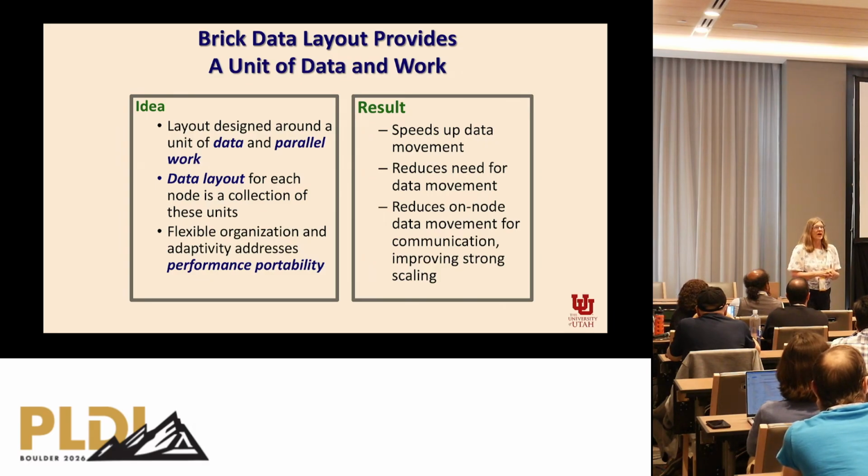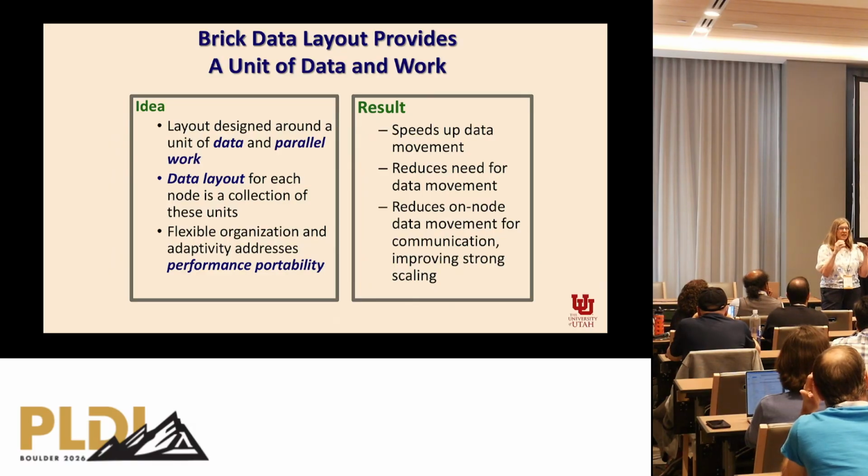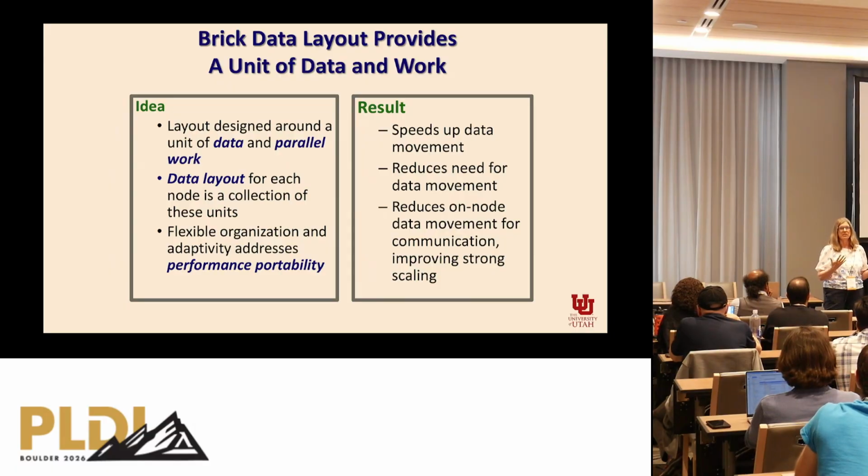One of the goals of this project, and one benefit that you can get from an approach like this, is you can achieve performance portability. Performance portability refers to being able to get good performance on the same piece of code across architectures. And because you have a unit of work and data, you can adjust the size of that unit or the size of the collection of those units to match what the architecture can support.